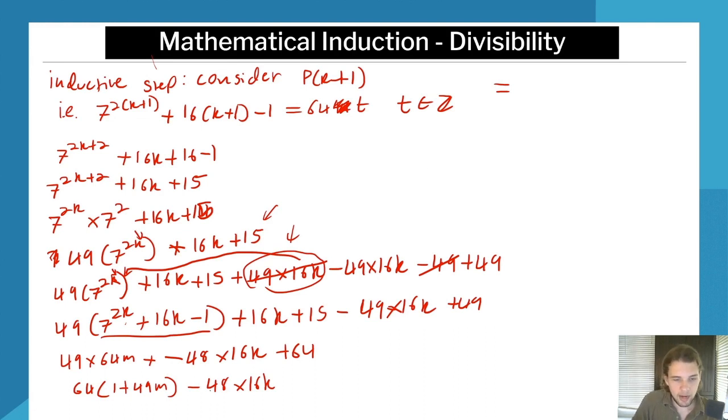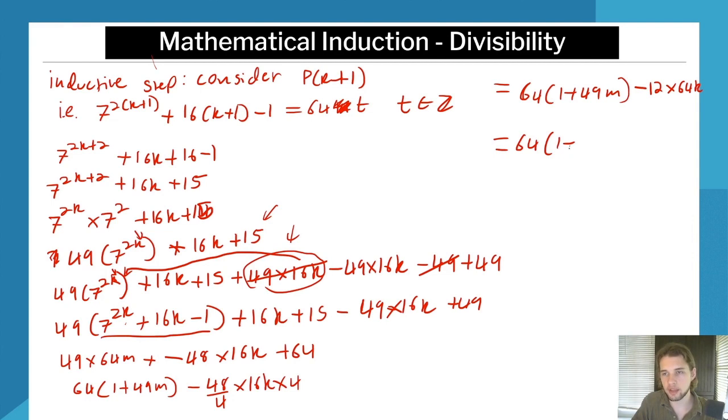I'm going to divide this by 4 and multiply this by 4. So that leaves us with 64 times 1 plus 49m minus 12 times 64k. So we can put everything in these brackets with 64 on the outside: 49m plus or minus 12k.